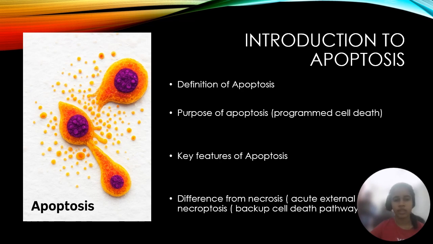This is regulated and programmed, but the cell dies in a necrosis-like way: the cell will swell up and the membrane will rupture. This is triggered by TNF, tumor necrosis factor. We'll discuss TNF also later. TNF alpha binds to the receptor and initiates this backup cell death pathway.